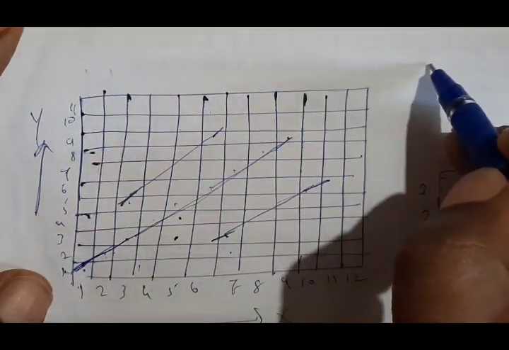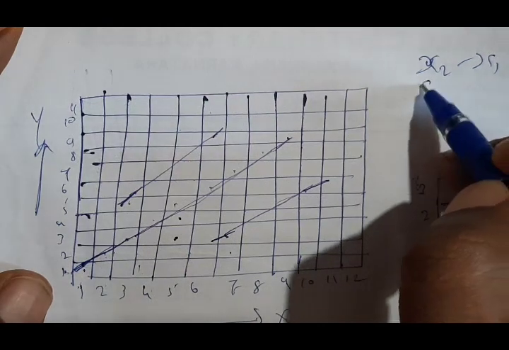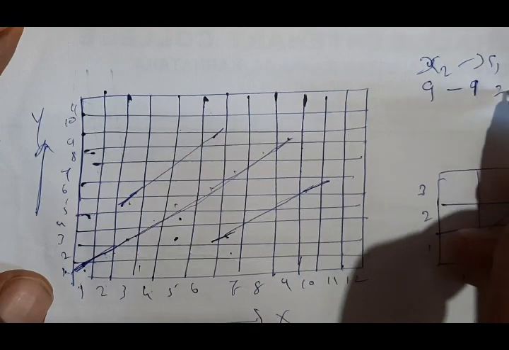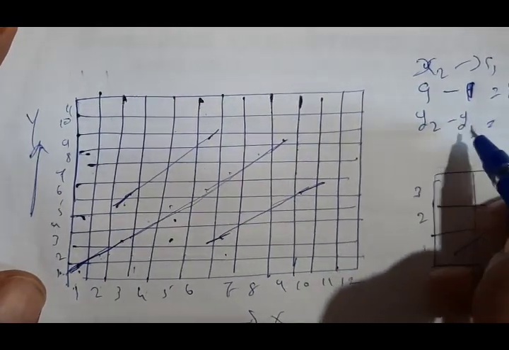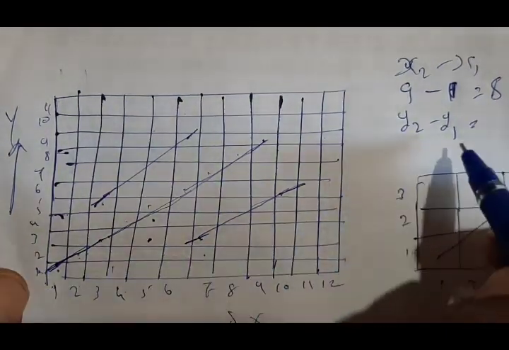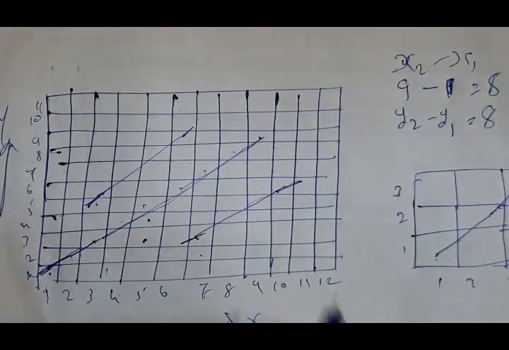So x2 minus x1 is equal to 9 minus 1, which is 8. Similarly y2 minus y1 is 9 minus 1, which is also 8. Here you get both 8, so both are incrementing.